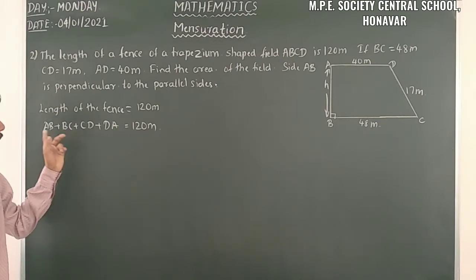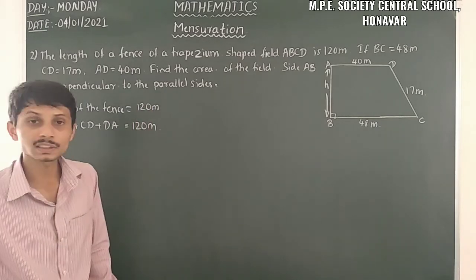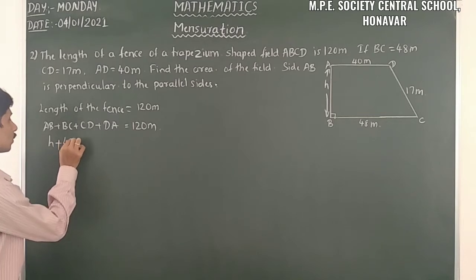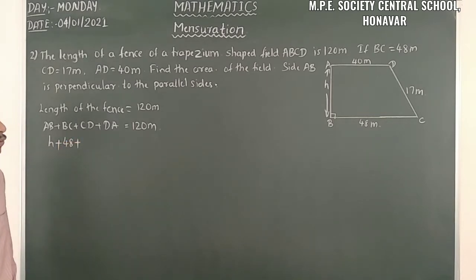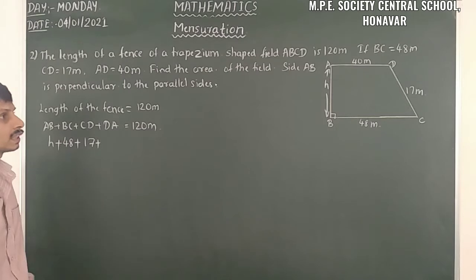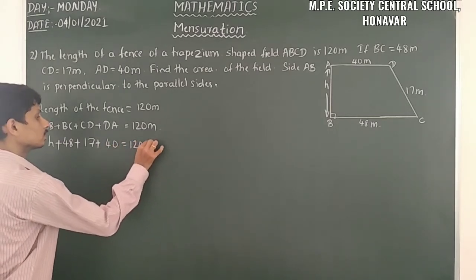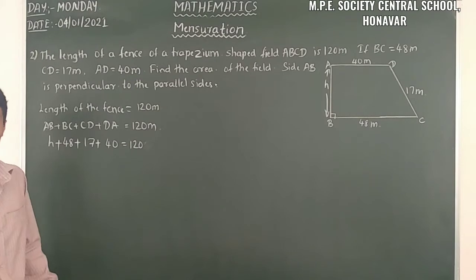So what's the value of AB? It is H. Plus what's the value of BC here? BC is equal to 48 meter. Plus CD is equal to 17. Plus DA is equal to 40. Is equal to 120 meter. Okay, so just write 120.